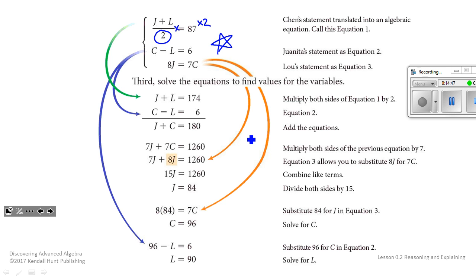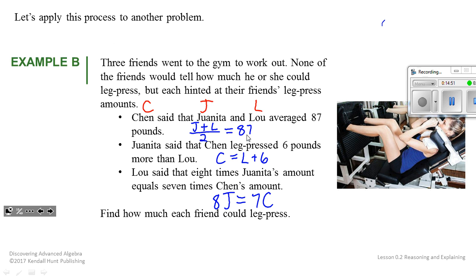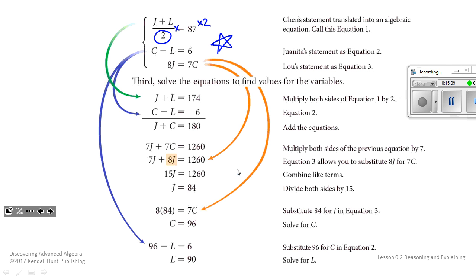All right, so remember our equation was C equals L plus 6. I rearranged that a little bit, right? I'm going to get C minus L equals 6. Well, in my solution, I wanted to do that, C minus L equals 6, so that I could eliminate a variable.